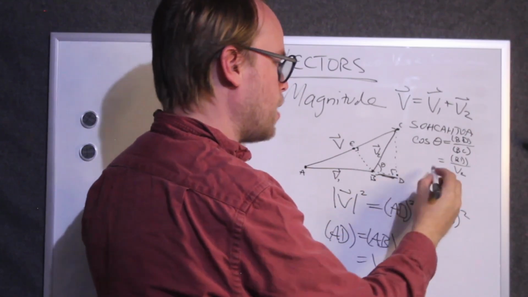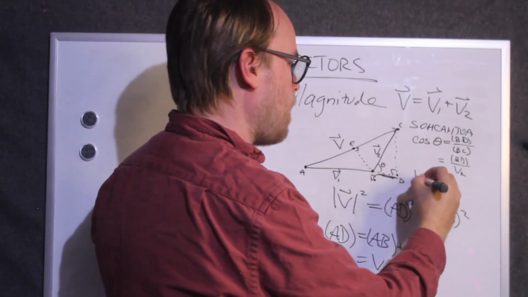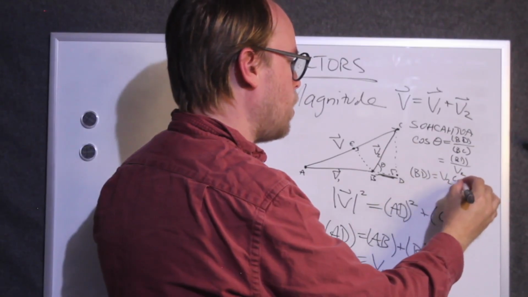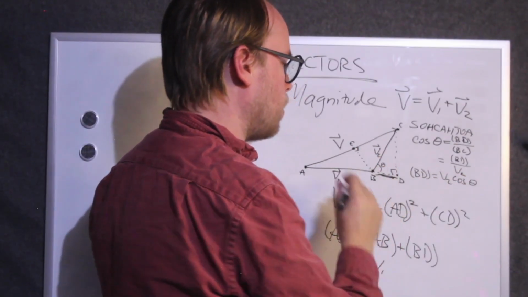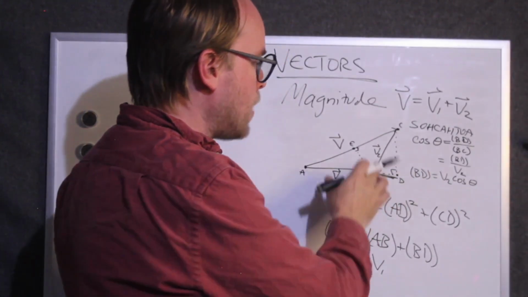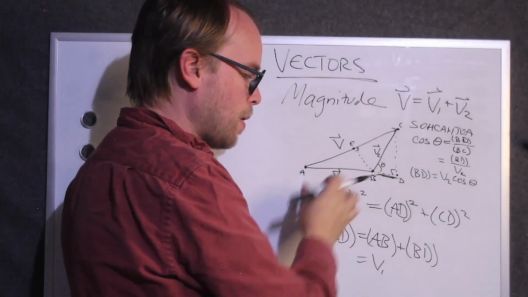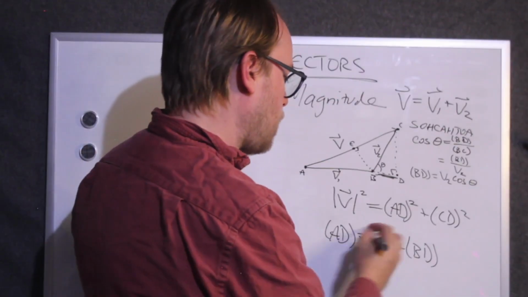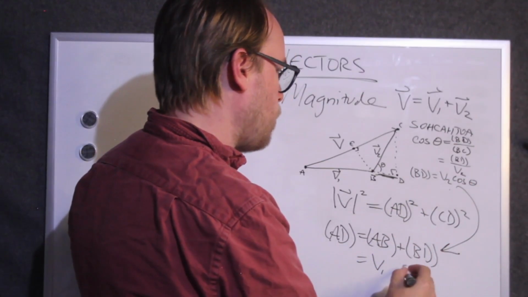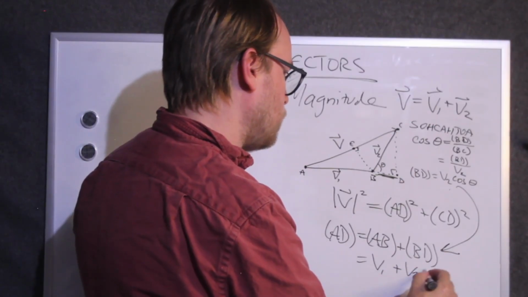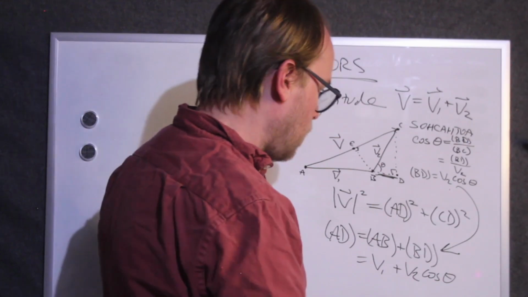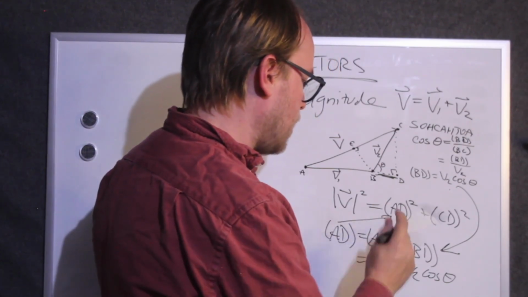And then we can pull that out over here, so we get the length BD equals V2 cosine of this angle here that V2 makes with the reference angle here. Basically the angle that it makes away from AB. So plugging that back in here, we've got V1 plus V2 cosine theta, which then we can plug back in up here.